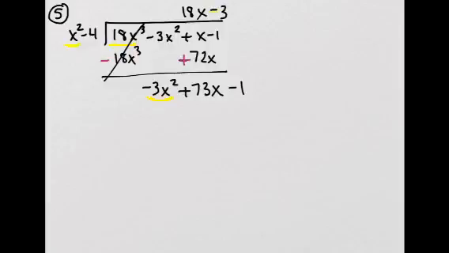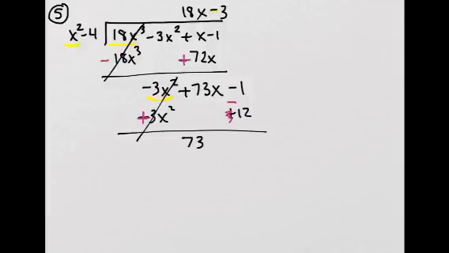So you multiply negative 3x squared, and then negative 3 times negative 4 is positive 12. And so now we're going to subtract. So this negative becomes a positive, and this positive becomes a negative. And so now we combine like terms, so this is 0.